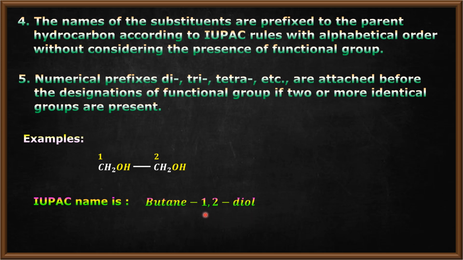And 1, 2 are the number prefixes, that is the first carbon atom and the second carbon atom are bearing alcohol functional groups. So here the OH functional group is repeated twice. For that reason it is diol. Butane-1,2-diol.